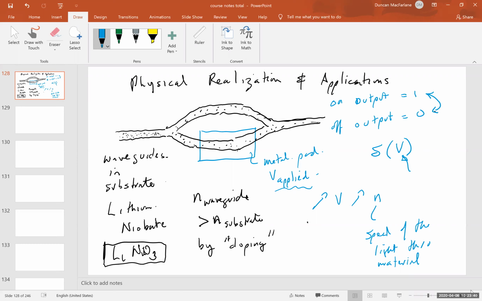And the record on this is on the order of 100 gigahertz. So I can modulate an optical signal pretty close to 100 gigahertz, on and off, on and off, on and off. And if I can do that, then I can call this a modulator.